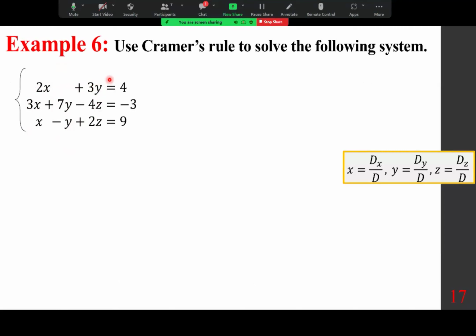I don't have a z. So 0, negative 4, 2. All right.